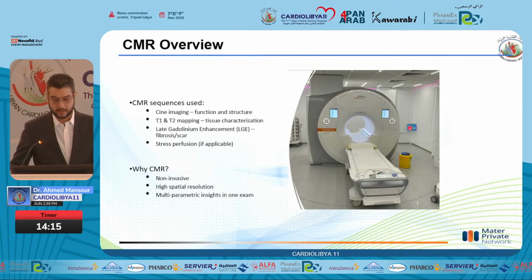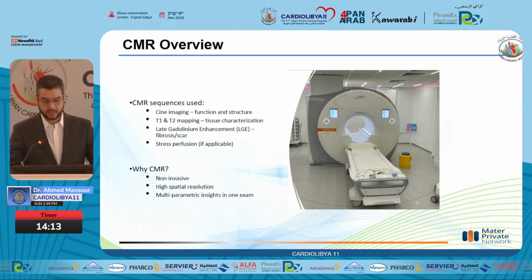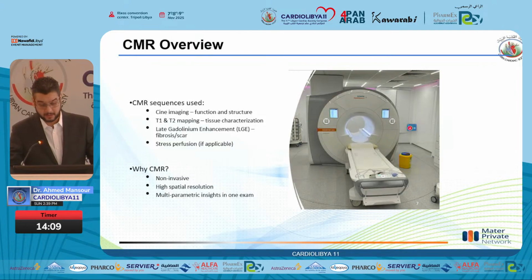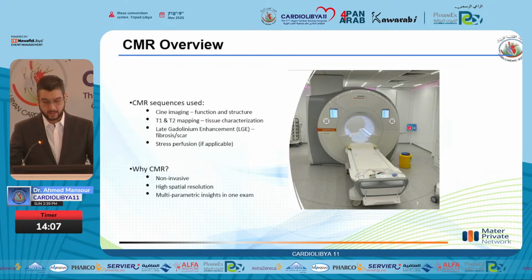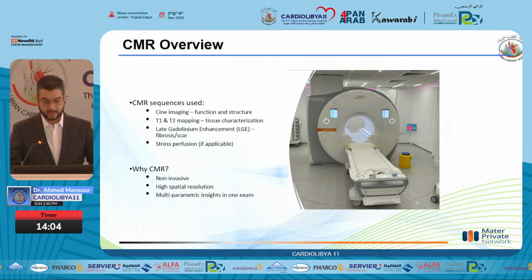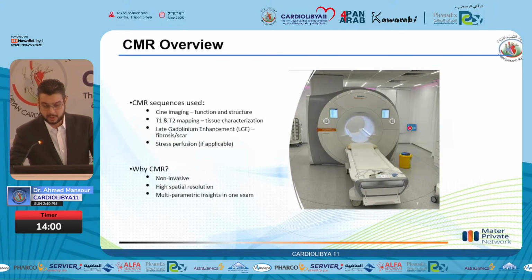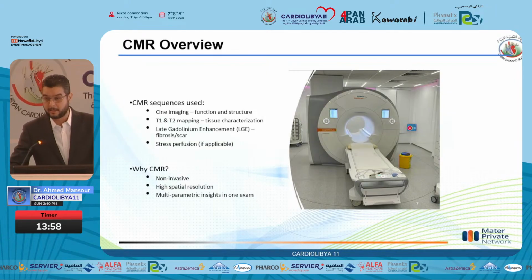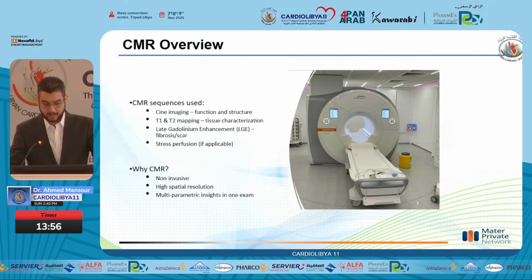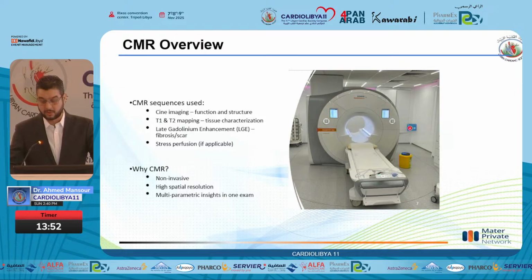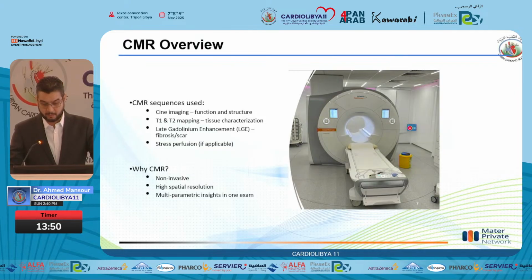Because cardiac MRI, in fact, can offer you assessment of many parameters in one test. Cine imaging is good for getting the function and structure, as well as some hemodynamic assessment. Tissue characterization tells you how the tissue is in terms of infiltration and fibrosis.